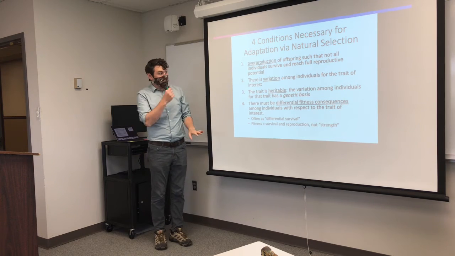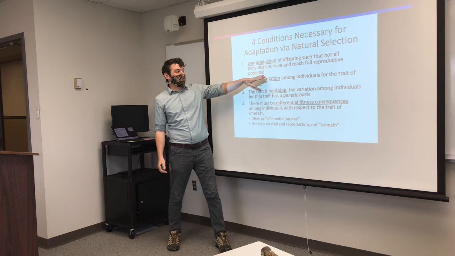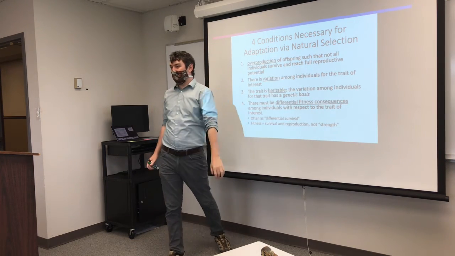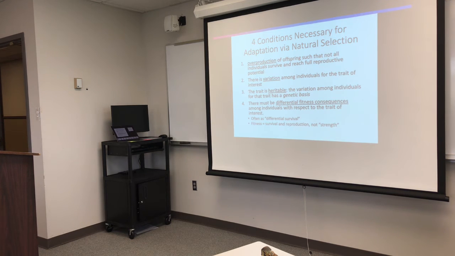What matters here is that there's more offspring that are produced than can possibly survive and reach their full reproductive potential. What's the full reproductive potential of an average human, of a typical human female, do you think? What's the largest number of children you've ever heard of? 8, 19.